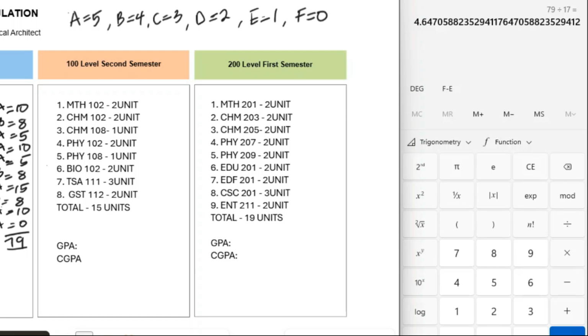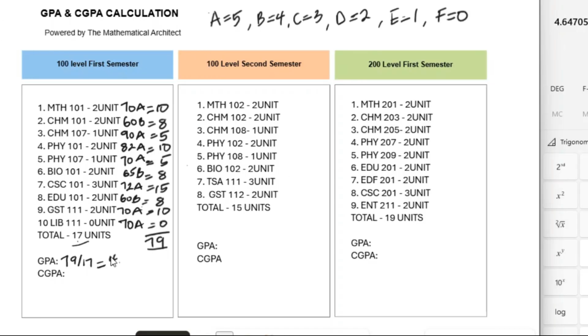Some schools might approximate to 2 decimal places, while some schools might set their program not to approximate. So let's assume that we are approximating to 2 decimal places. This is going to give you 4.65. Now, your CGPA for your first semester is going to be the same thing as the GPA that you had for that first semester. So it means that your GPA here is still 4.65.